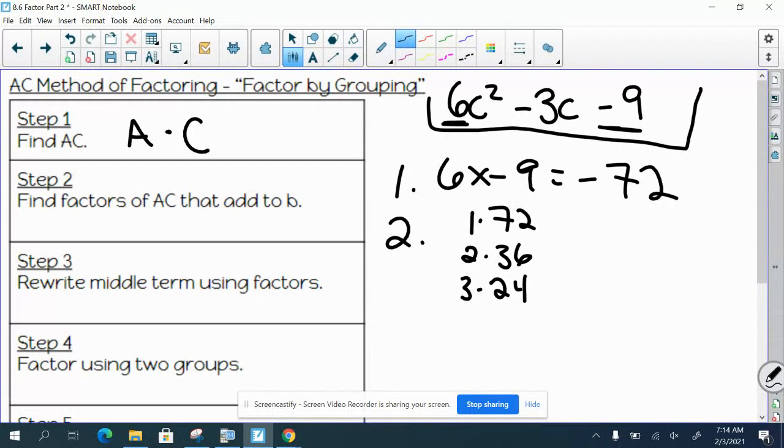Let's check 72 divisible by 4. That's 18. 72 divided by 6. Obviously not divisible by 5, but 6 gives us 12. That's not going to combine to -3. How about 72 divided by 8? That gives us 9. Wait a minute. 6 times 9. Okay.